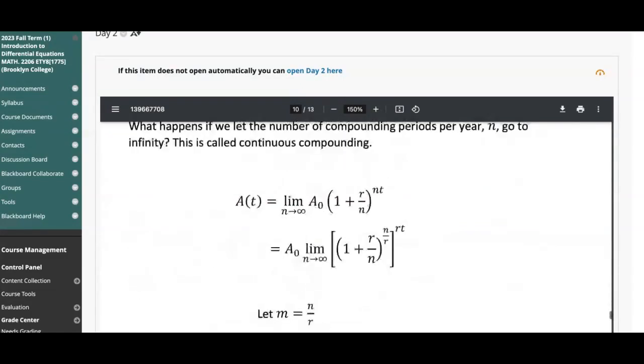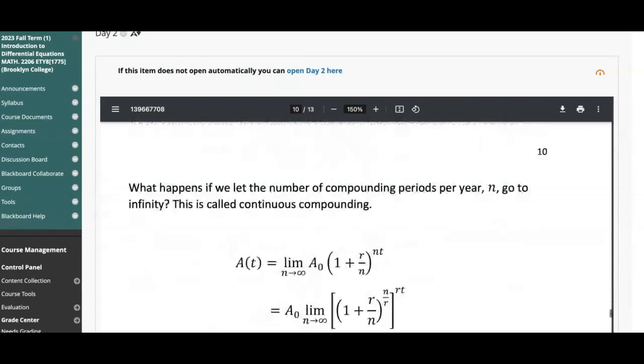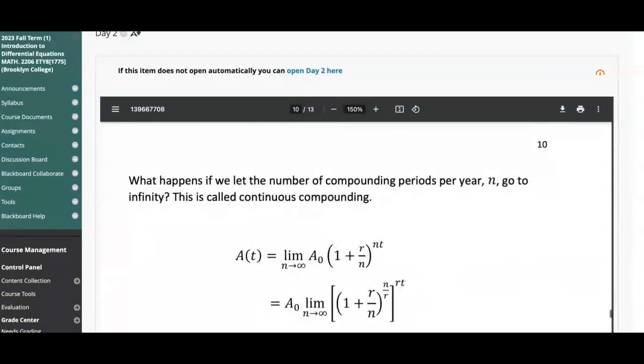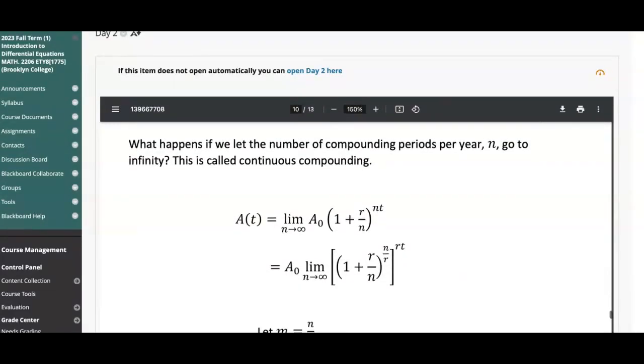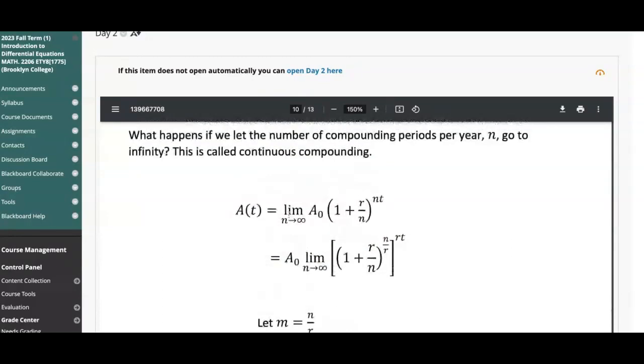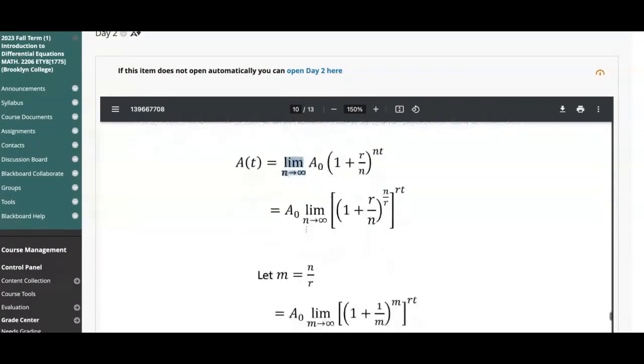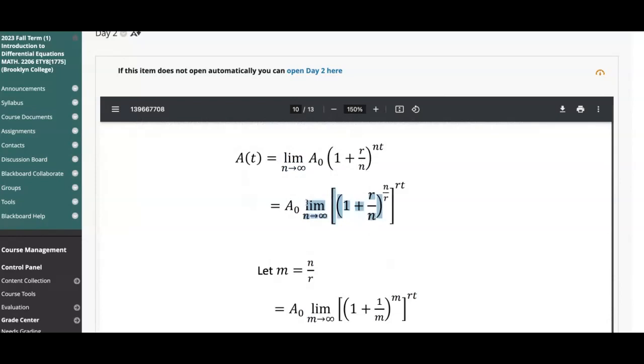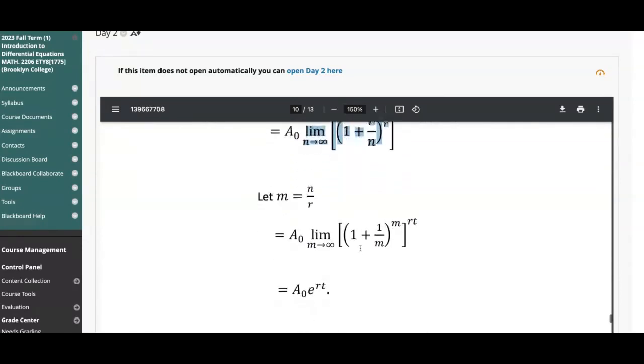Okay, so we're here. When we compound continuously, E is involved. So how does E get involved? Compounding continuously means letting n run to infinity, so the limit as n runs to infinity. And this is exactly the definition of E, the Euler number.